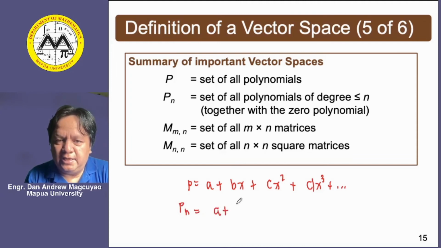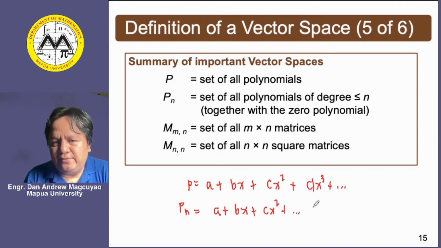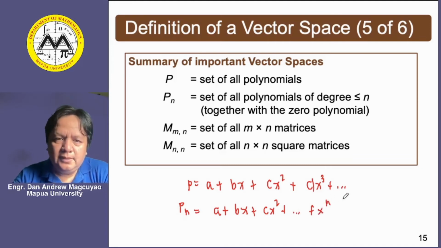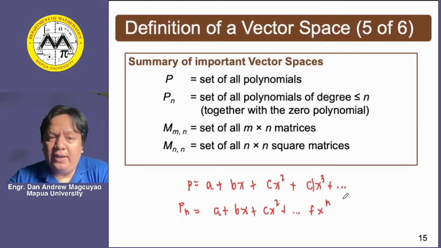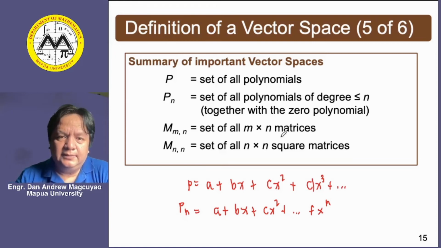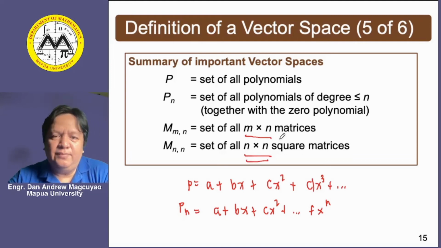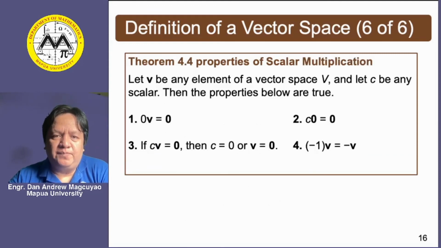So that would be a plus bx plus cx squared plus, let's have it as f x raised to n. And then we have the order m by n matrices. So this is any rectangular matrix. And then we have the square matrix, an n by n square matrix. All of these are vector spaces, provided that we use the conventional vector addition and scalar multiplication.